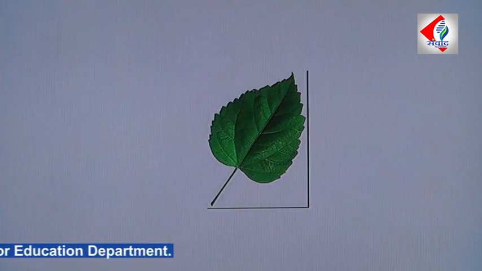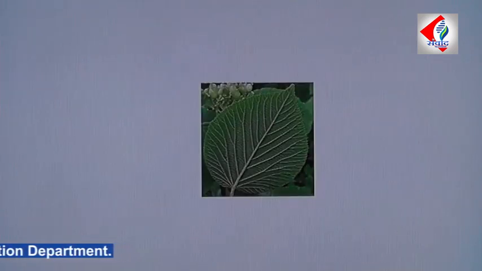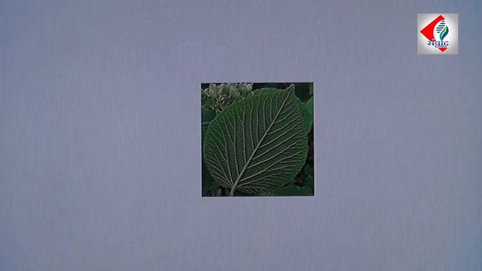So you can see a picture of a leaf. A leaf has two sides, the upper side and the lower side. This is a picture of the lower side, and on the lower side you can see the veins more clearly. The veins are very distinct on the lower side of the leaf.